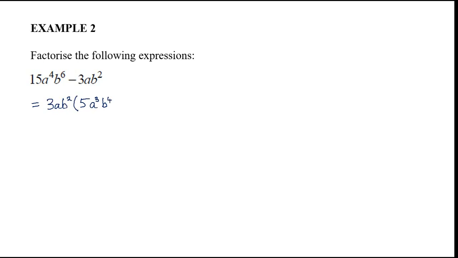There's a minus sign there, so we put a minus sign here. 3 divided by 3 divides itself, a divided by a divides itself, b squared divided by b squared too. Everything is dividing each other and there is nothing left, so we put a 1 here. And that is how we have factorized that expression.